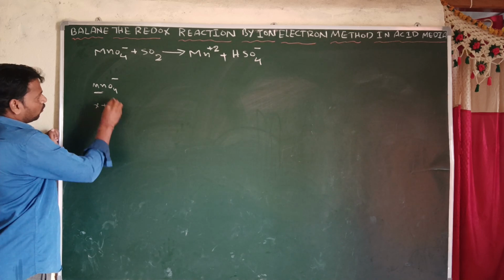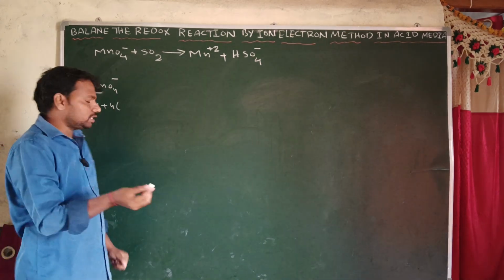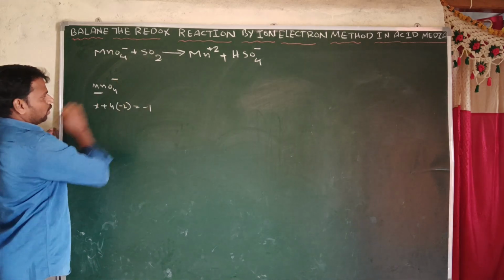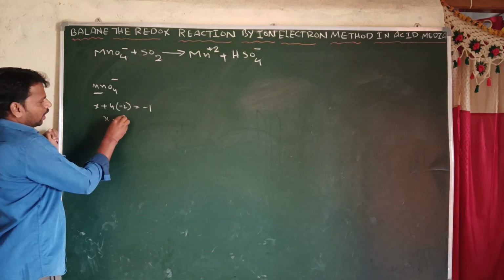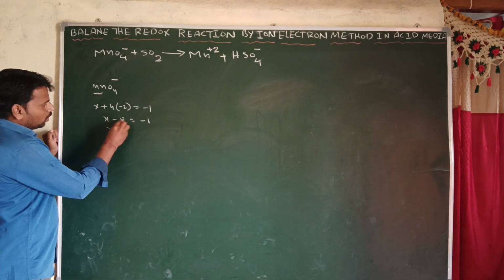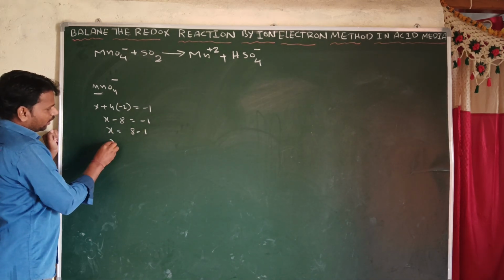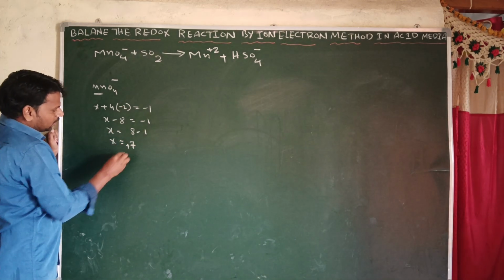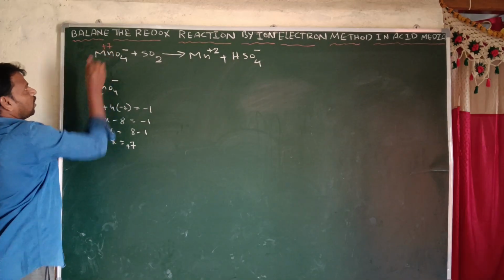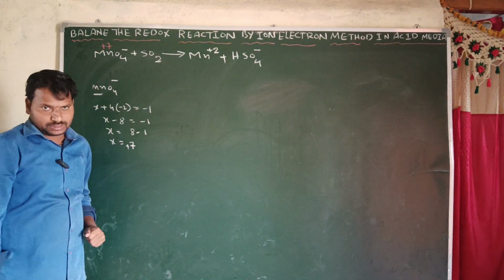Oxygen is always minus 2, and the total is balanced with minus 1. So x minus 8 is equal to minus 1, x is equal to 8 minus 1, which is plus 7. So plus 7 is the oxidation number of manganese.